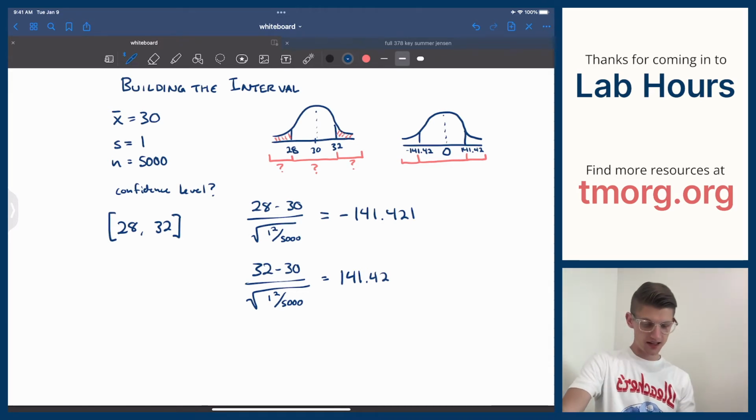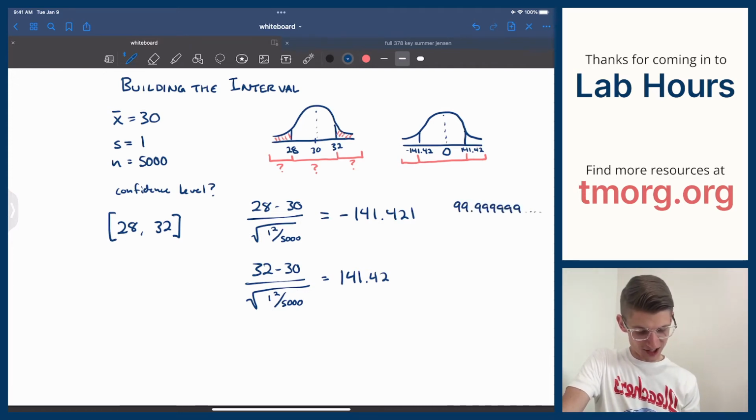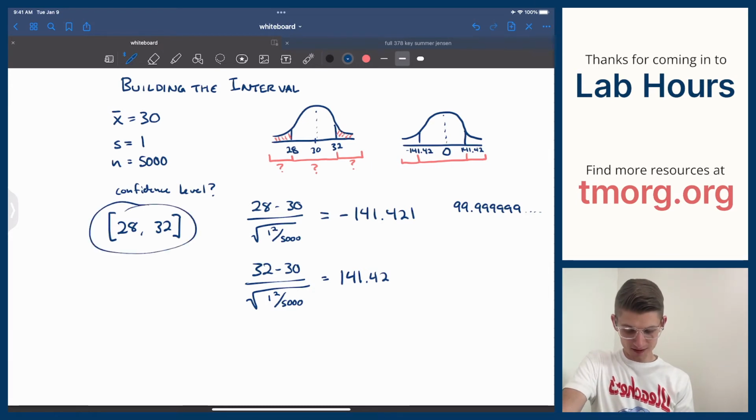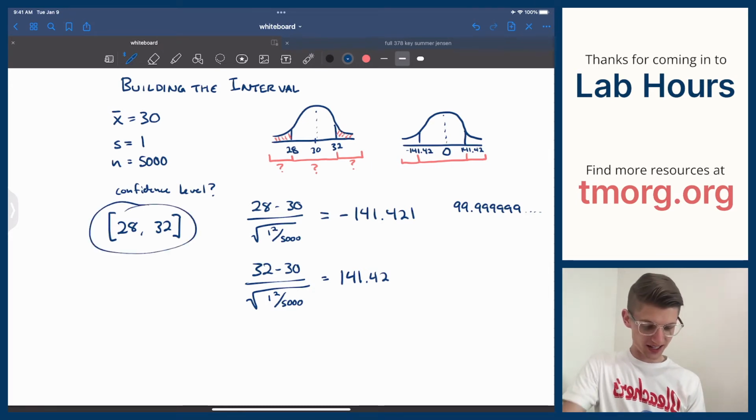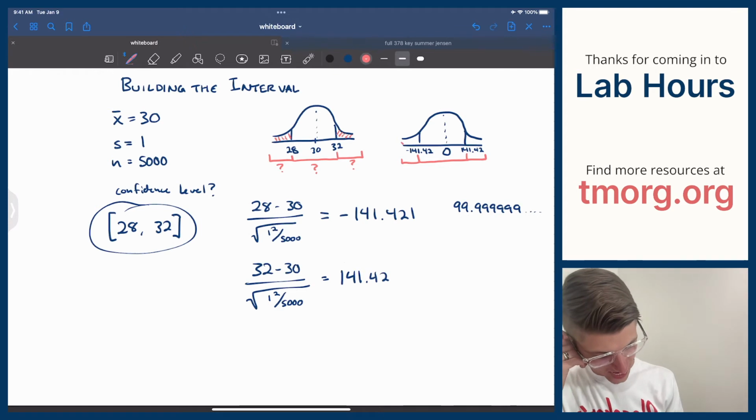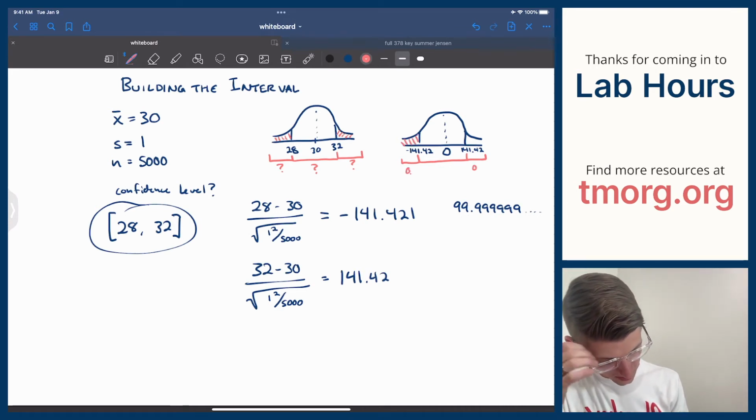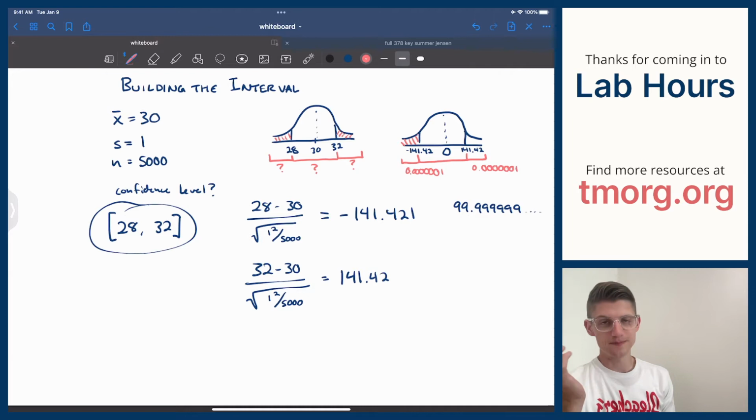They're saying there's a 99.999999 chance that the true mean falls somewhere in here, that the parameter mean does. Because these probabilities on the outside of these z-scores are basically 0. They're like 0.000001, and even that is probably generous, right?